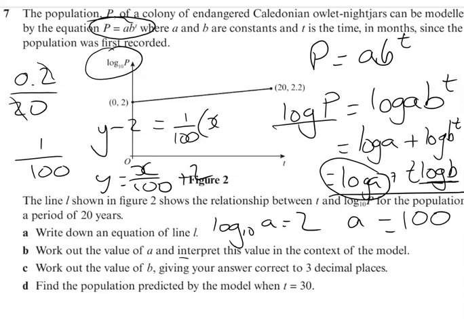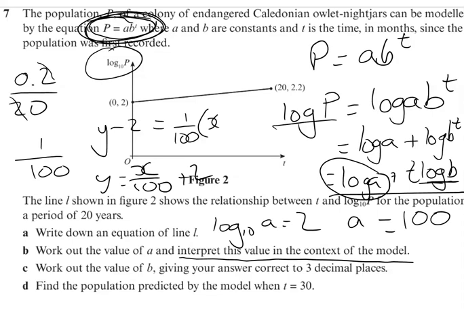And interpret the value in the context of the model. So for that, we need to come back up to this thing that we started with. If we think about this, this is a value a, and then it's multiplied by b to the power of t. So every time t goes up by 1, as this, I presume it's time in months. Okay, time in months. So every month, that t is going to go up. So that b gets times by more b's, it's raised to a higher power, and then the whole thing is times by a.